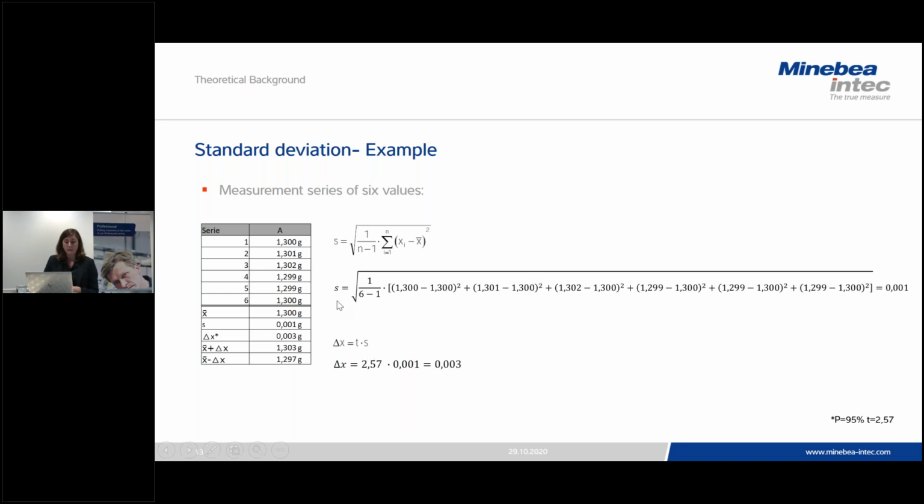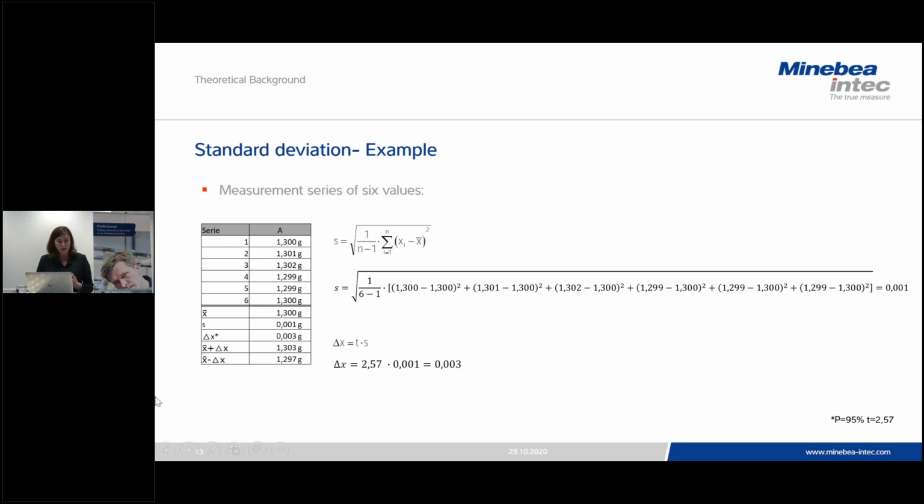Then, with the standard deviation, we could calculate delta x using the t-factor, which I explained. The t-factor depends on the statistical certainty, and we said we want a certainty of 95.4%, so delta x is 2.57 times 0.001, which makes delta x 0.003.